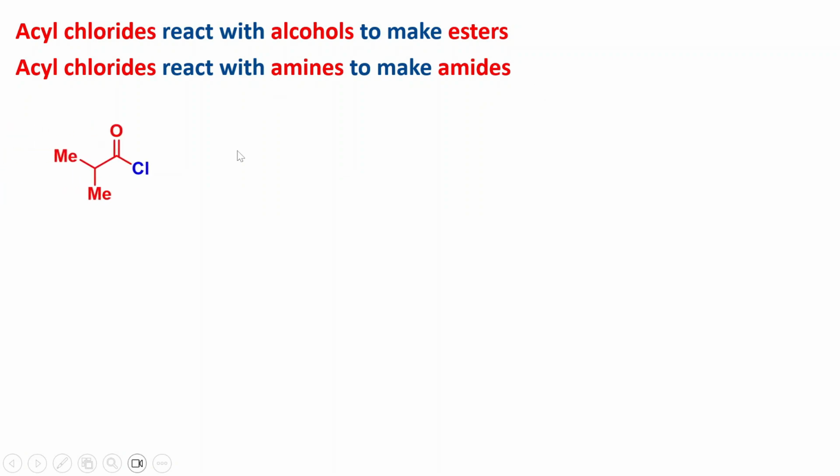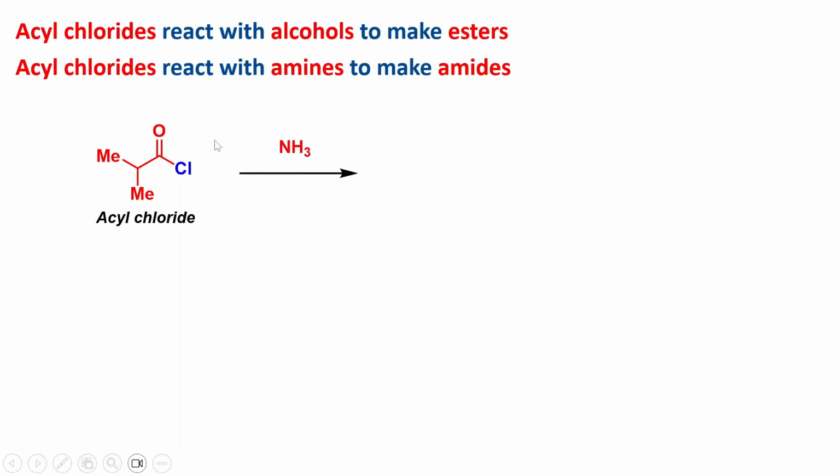Now let us take an example. So I am taking here an acyl chloride. So this is an acyl chloride, and if you see this substituent here, this is an isopropyl group because this one is 3 carbon, right? 1, 2, 3. 3 carbon, and if it is a Y shape, we call it an isopropyl group. And if you react this with an amine, so here I am taking ammonia, right?